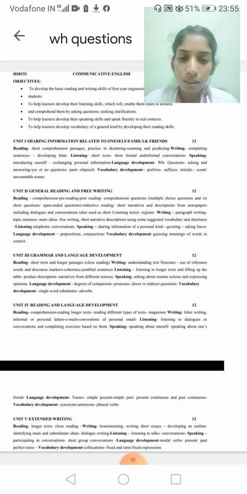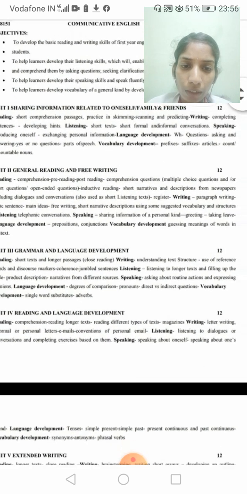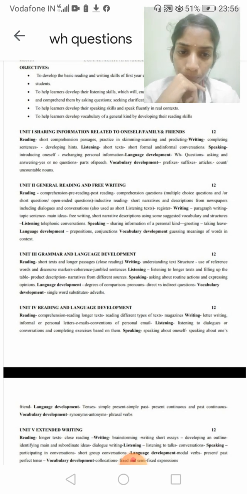Here in this skill, we should understand that the four skills are followed by telephonic conversation and open-ended questions. From newspapers, reading descriptions, including dialogues, conversation, and writing paragraph writing on a topic.